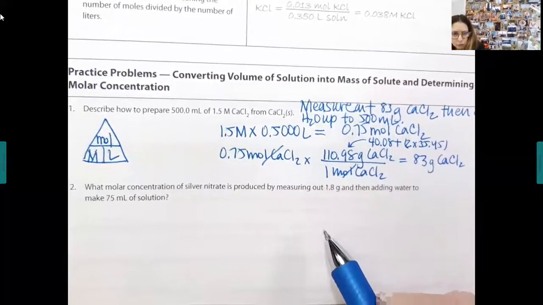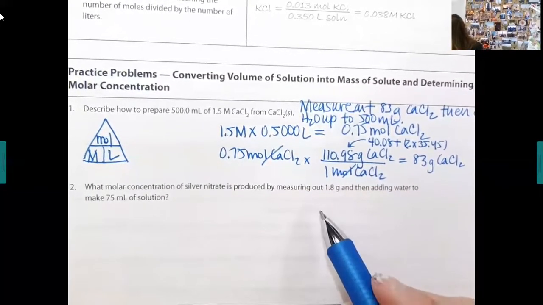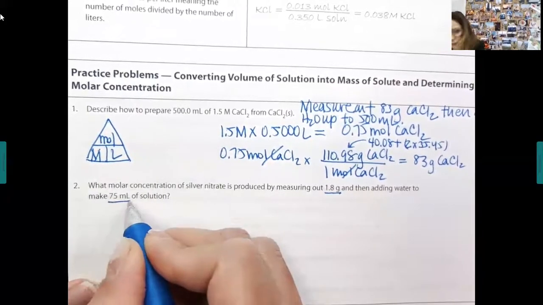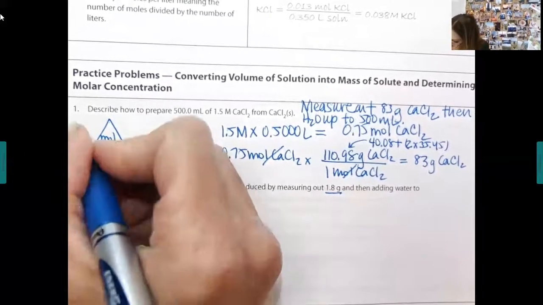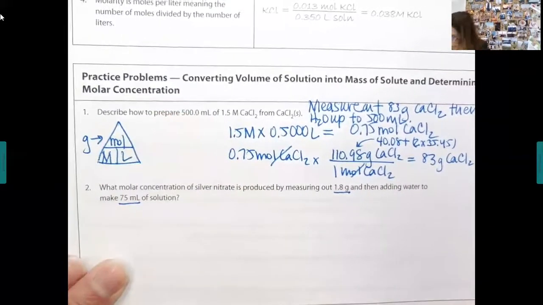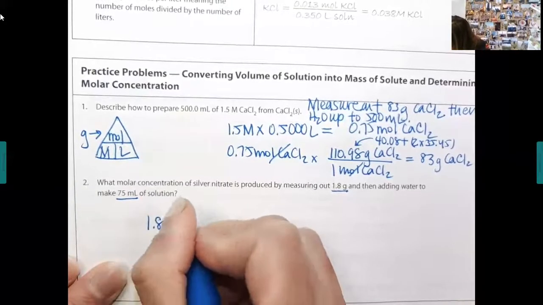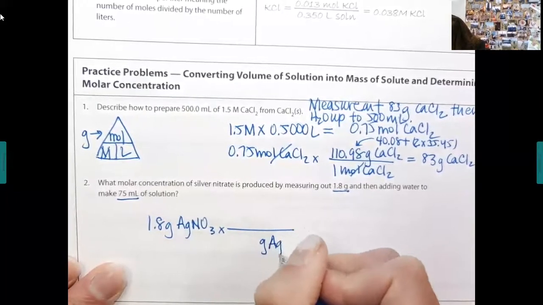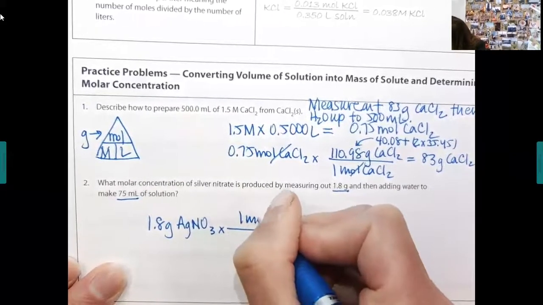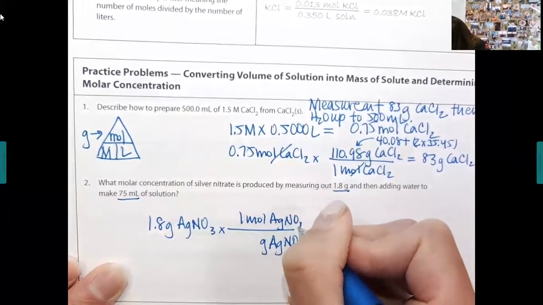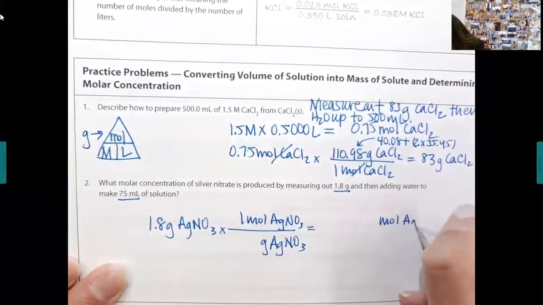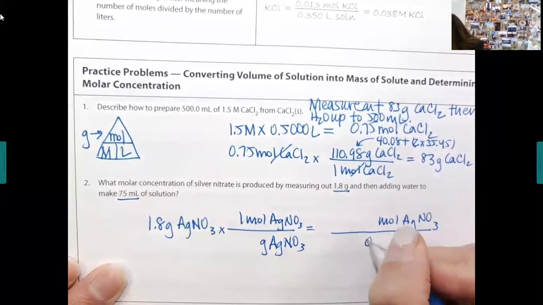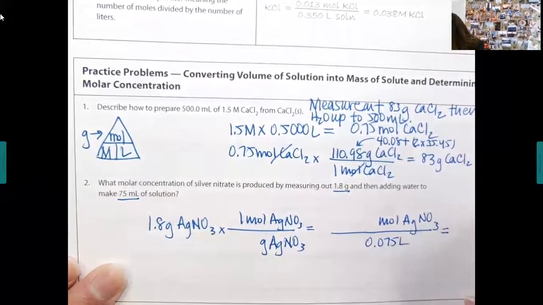And then number 2, what's the molar concentration of silver nitrate if you have 1.8 grams and you add water to 75 mils? You have to convert grams to moles by dividing by the molar mass. And then after you get that, you will divide by 0.075 liters to get the molarity.